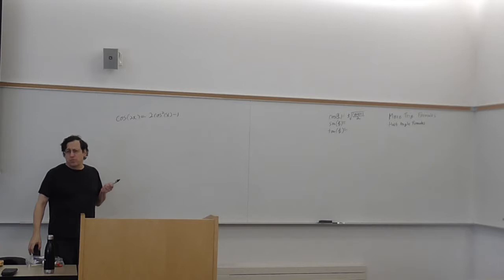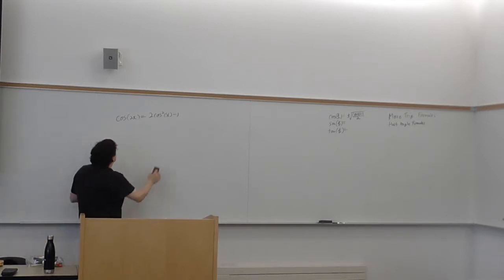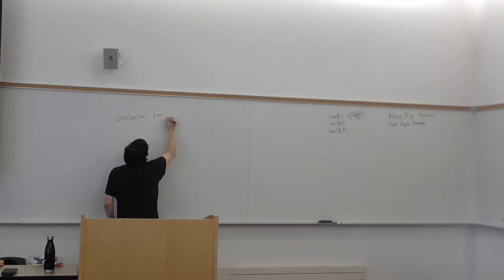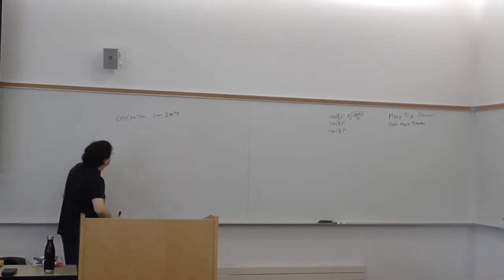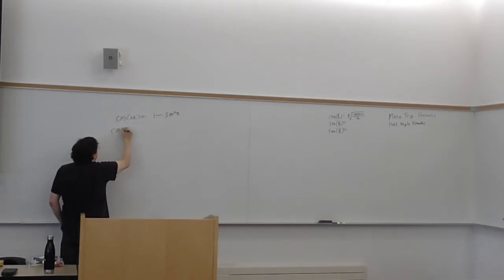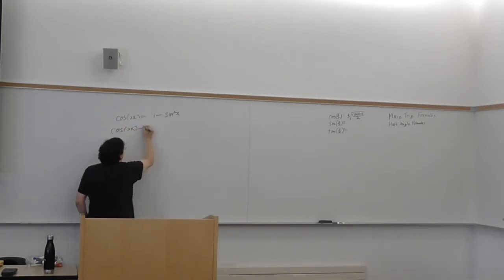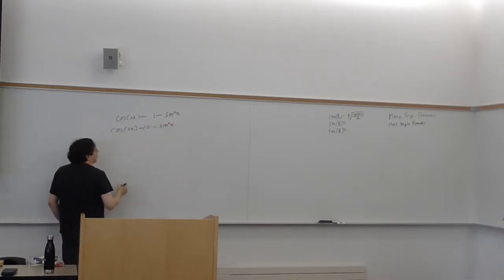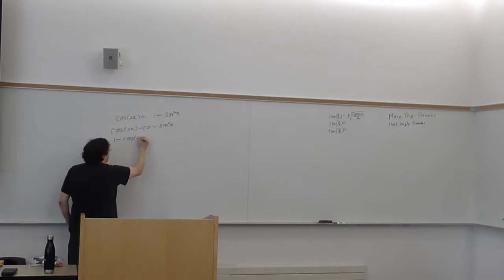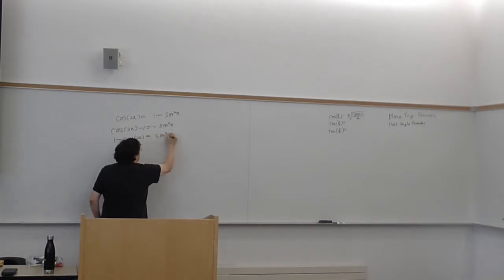For the half angle formula for sine, we're going to use cosine of 2x again. Except this time we're going to use the form 1 minus sine squared x. So now we have cosine of 2x minus 1 equals minus sine squared x, or multiplying by minus 1, we're going to get 1 minus cosine of 2x equals sine squared of x.